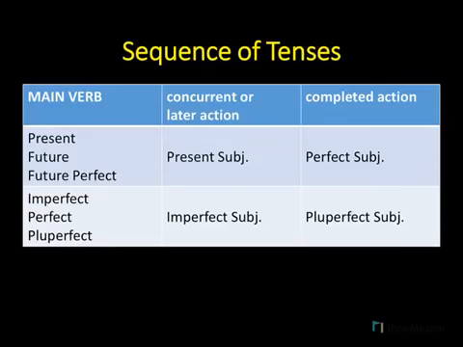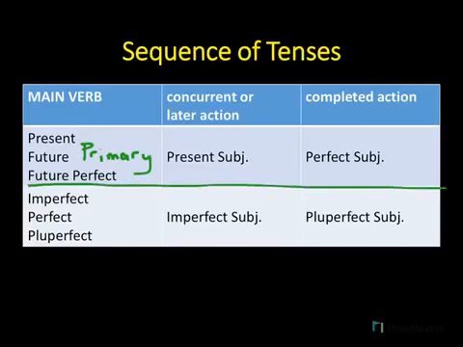Now, there's a quick piece of terminology that might be useful for you in the future as you are discussing the sequence of tenses. When your main verb denotes present time or future time, that is, in the present tense, future tense, or future perfect tense, we call this the primary sequence. And so the primary sequence consists of a main verb in the present or future time, and then a present subjunctive or a perfect subjunctive.